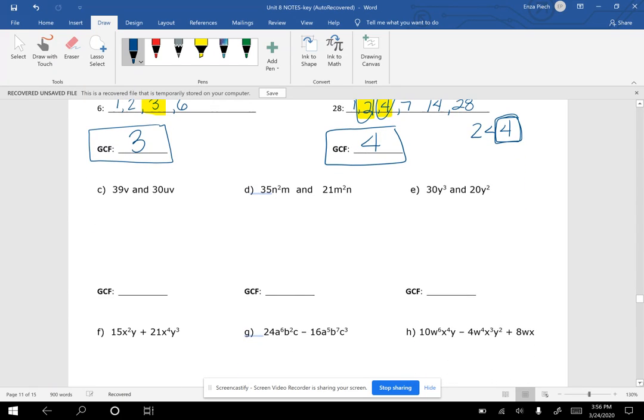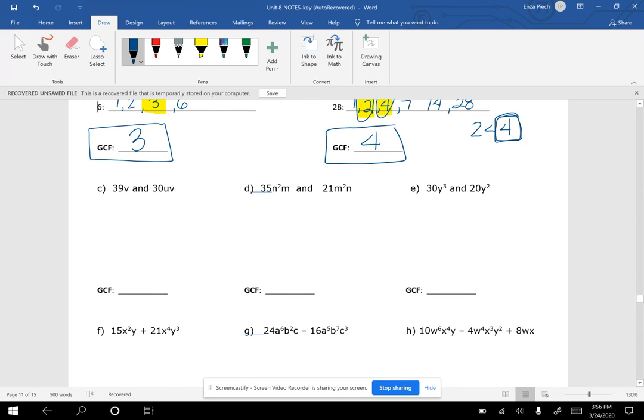So let's take a look at letter C. Then we'll come back and do a couple different methods for you. I'm going to split these up into all of the various parts that we have. So we have 2 constants, 39 and 30. And then we also have variables. I'm going to split it up by the various monomials that we are given.